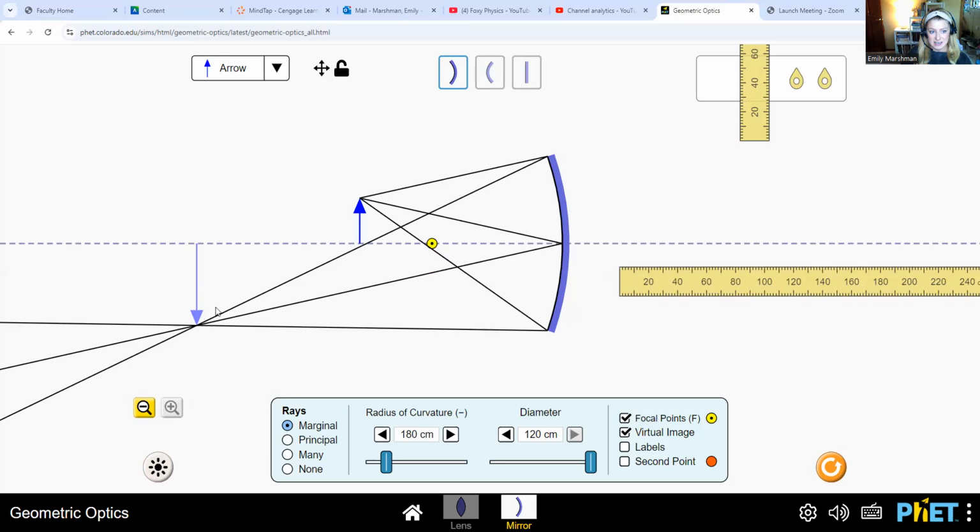And it's inverted, and it's a little bit bigger than our original object. It's almost twice as big. That's what we predicted it should be. The magnification was 1.8. So our original object was 30. It's almost 60 centimeters tall now. So it's almost twice as big, which is what we predicted. It's inverted, and it's on the same side as where the object was located to start with. So it's a real image.